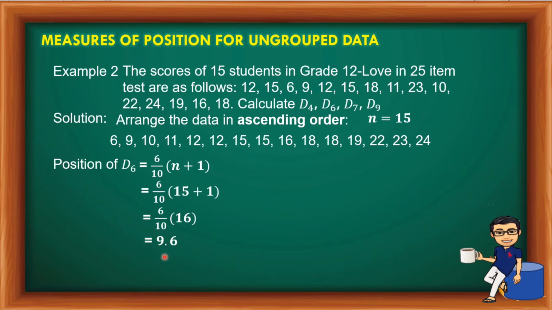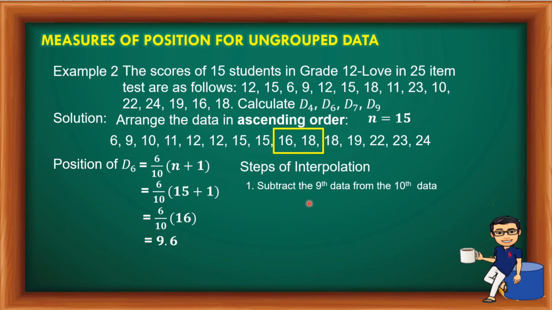So, ibig sabihin, in between the 9th data and 10th data, 1, 2, 3, 4, 5, 6, 7, 8, 9, 10. So, ito yung dalawang yon. So, ibig sabihin, yun yung ating pag-uusapan when we apply the interpolation approach. So, ima-minus natin yan as the first step.